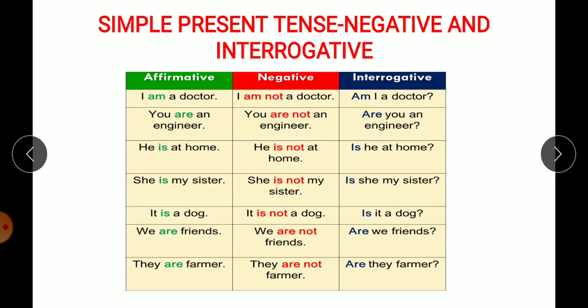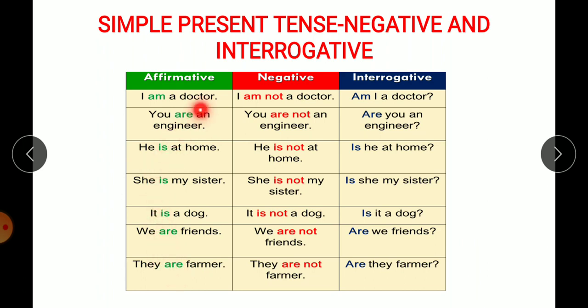Now, affirmative sentences are the positive sentence, like I am a doctor, you are an engineer, he is at home, she is my sister, it is a dog, we are friends, they are farmer. Now, if you see the words that are highlighted in green color, जो green color में highlighted हैं सारे verbs हैं आपके, right? Helping verbs हैं.